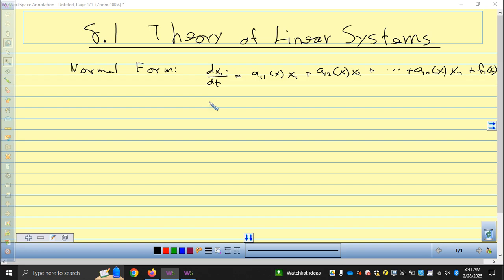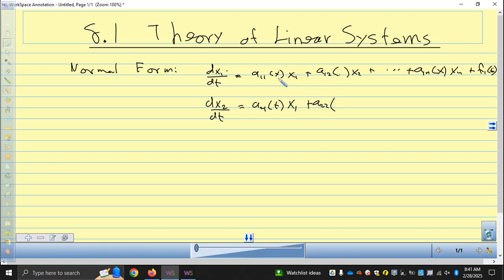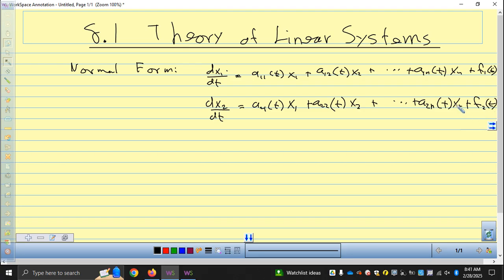And then we have a second variable, dx2/dt is a21 of t, x1 plus a22 of t, x2 plus dot dot dot plus a2n of t, xn, plus some other function of t.